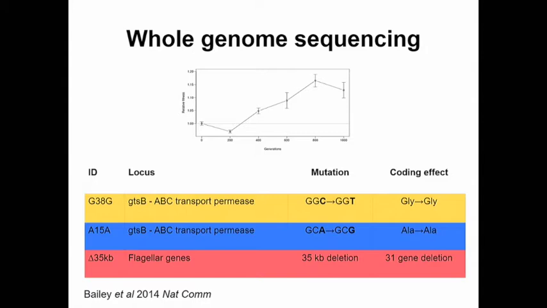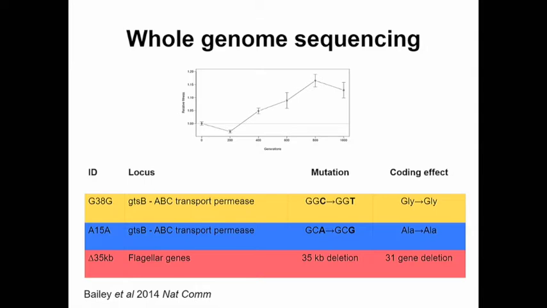But what we saw that was a little bit surprising at the start was this big deletion of 31 genes, mostly genes related to flagella development, which is not surprising in these kinds of evolution experiments where we have populations growing in a well-mixed environment.